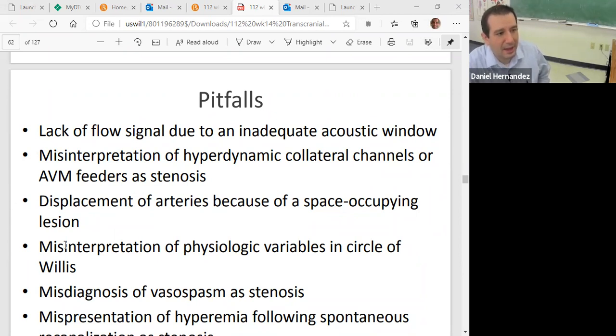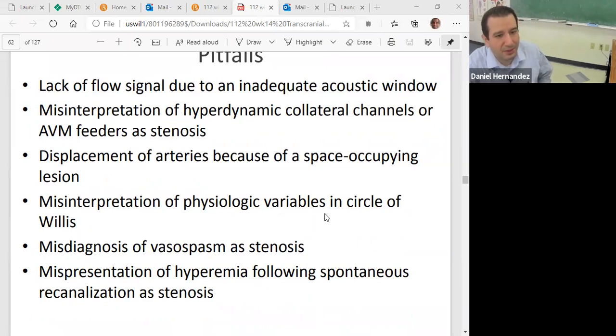So if the patient has a brain mass, or if they have a large internal hemorrhage that's displacing the vessels, we could potentially be imaging the wrong vessel. There could be misrepresentation of that vessel because of that space occupying lesion.